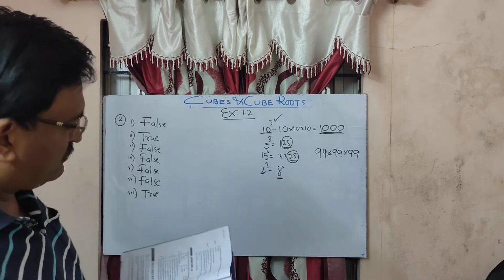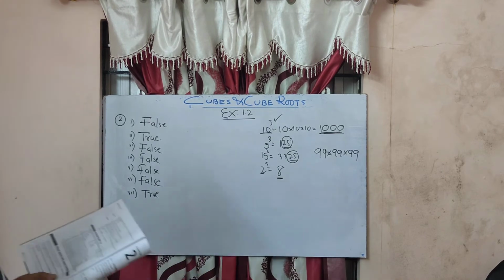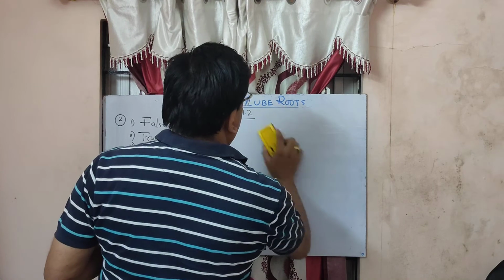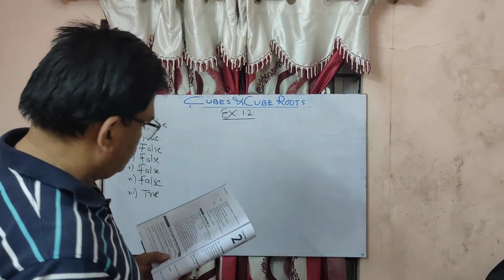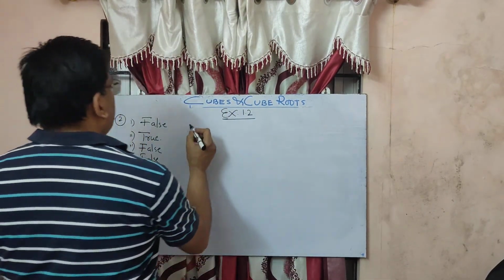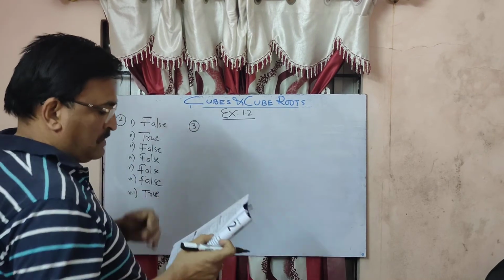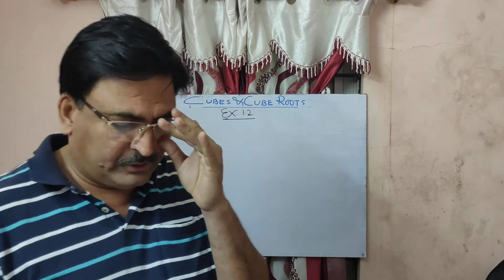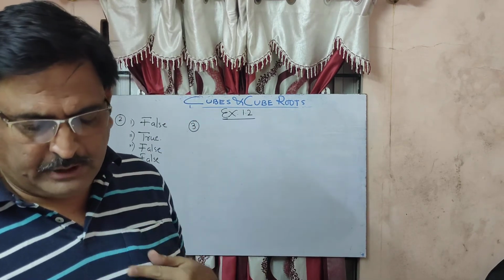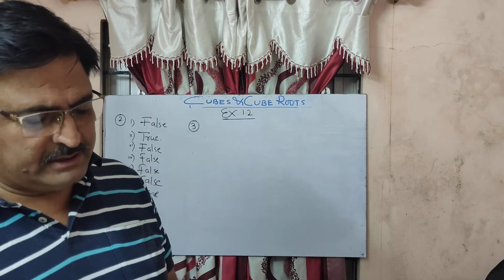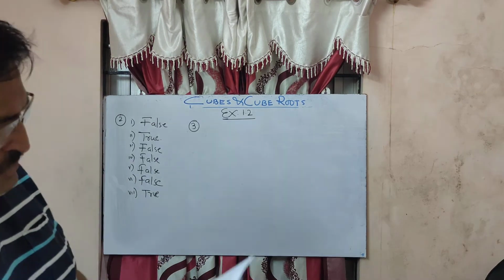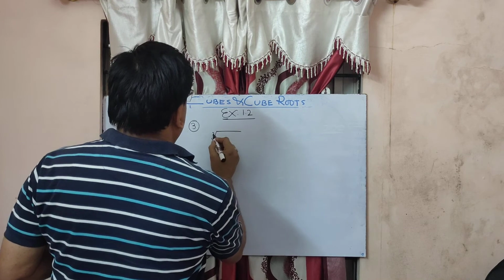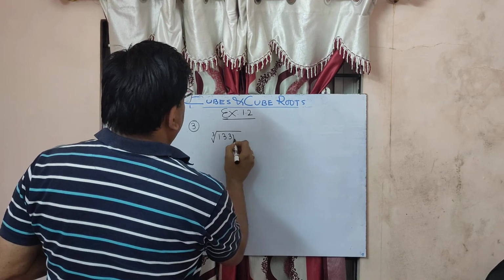So now we'll move to the last question, the third one. You are told that 1331 is a perfect cube. Can you guess without factorization what its cube root is?